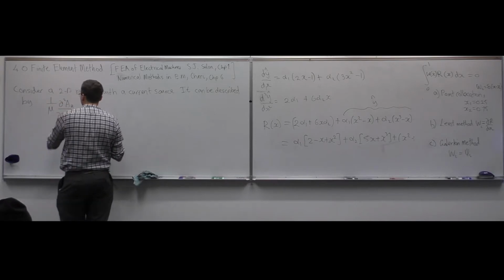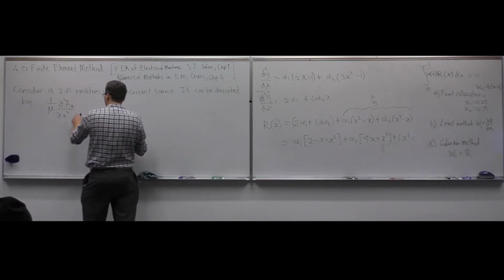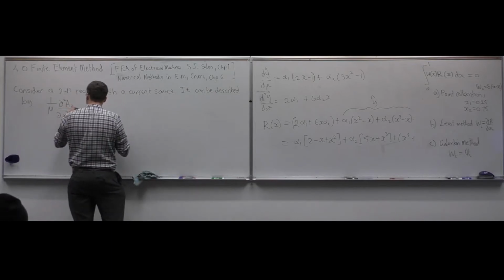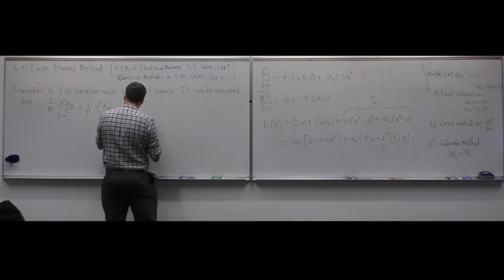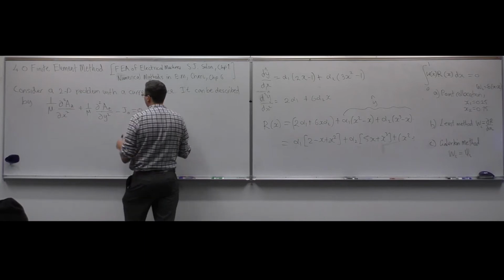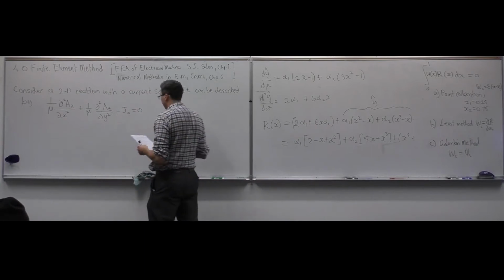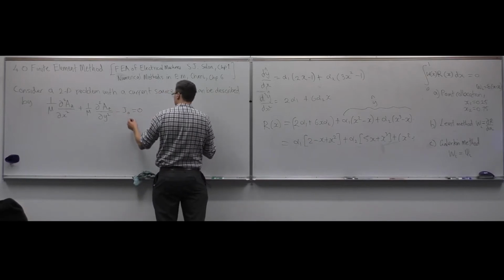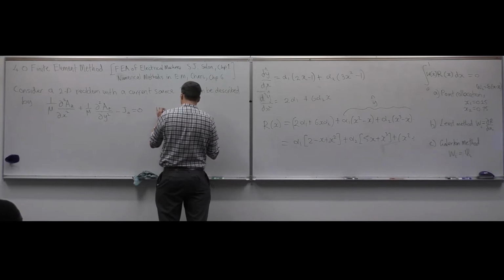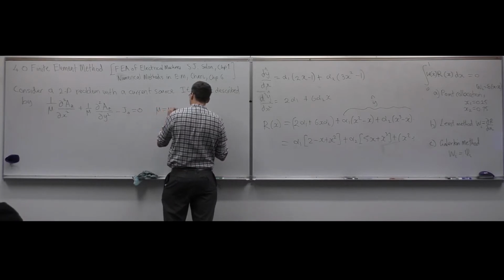So we've got the magnetic vector potential, and take the second derivative with respect to x, plus 1 over permeability times the second derivative of Az with respect to y, minus J naught. That would be some current value in some positions, and permeability is equal to mu naught mu r.